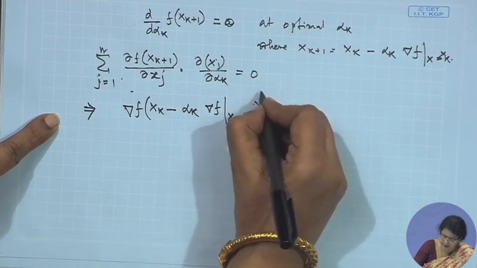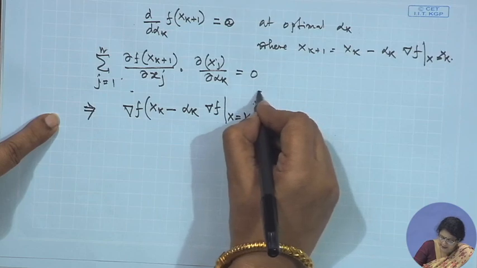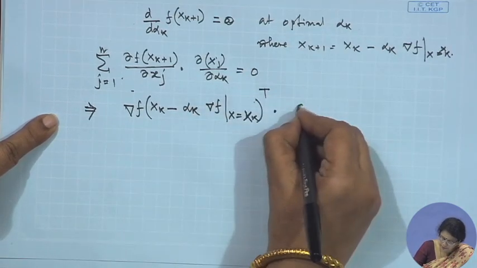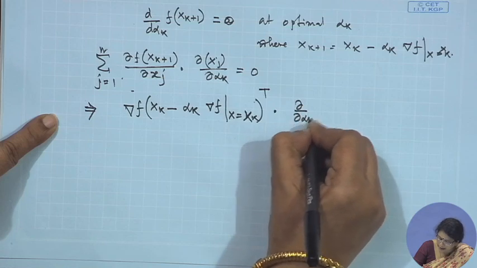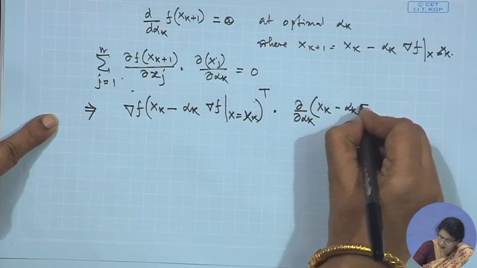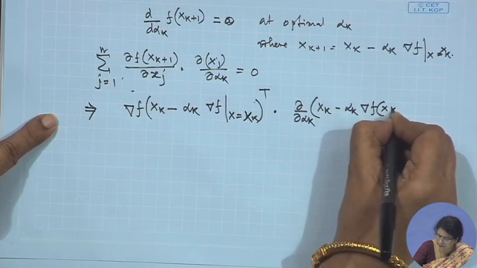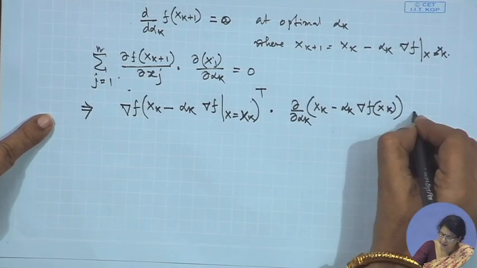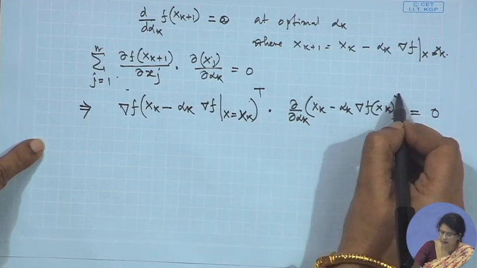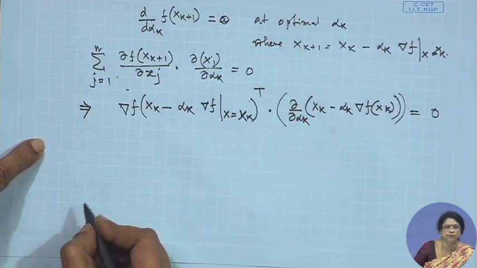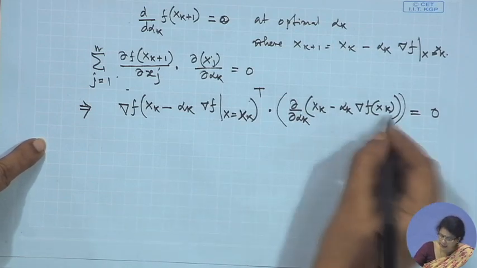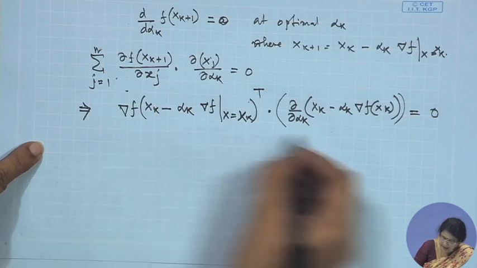This is a vector, and if we consider that vector as a transpose, it can be written as del of del alpha k of f at x k minus alpha k grad of f x k. There is no harm in it; this is again a vector altogether. What is this vector? This vector is the direction vector.